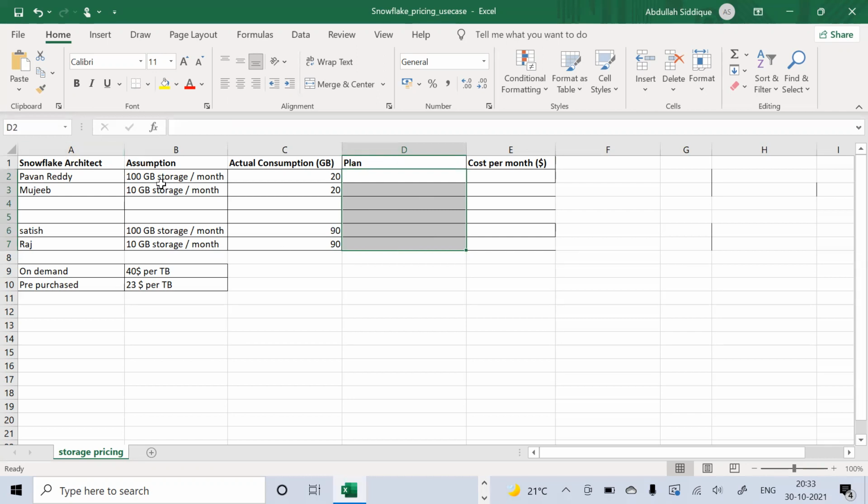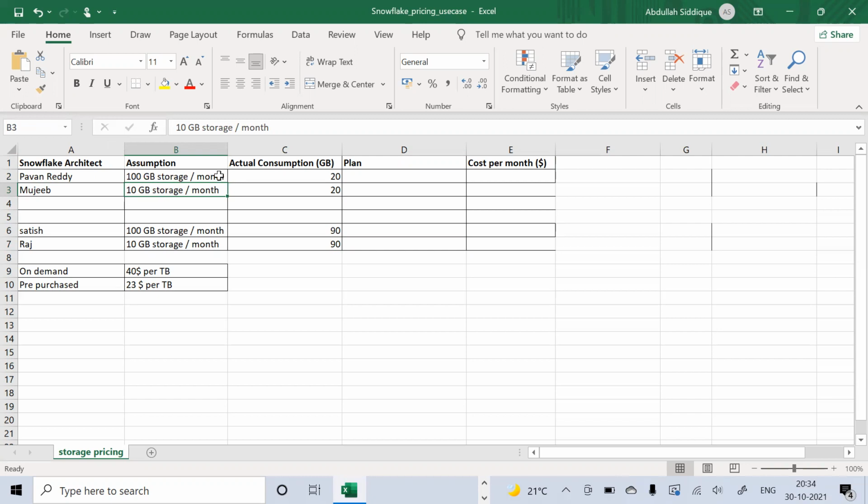So I am giving you these 2 guys here, Pawan Reddy and Mujib, this scenario. As a Snowflake architect, you had assumed that your system will be storing 100 GB per month. That was your assumption. There was another system where you assumed that it will take only 10 GB per month. That is your assumption as an architect, because you have to make some assumptions based on something.